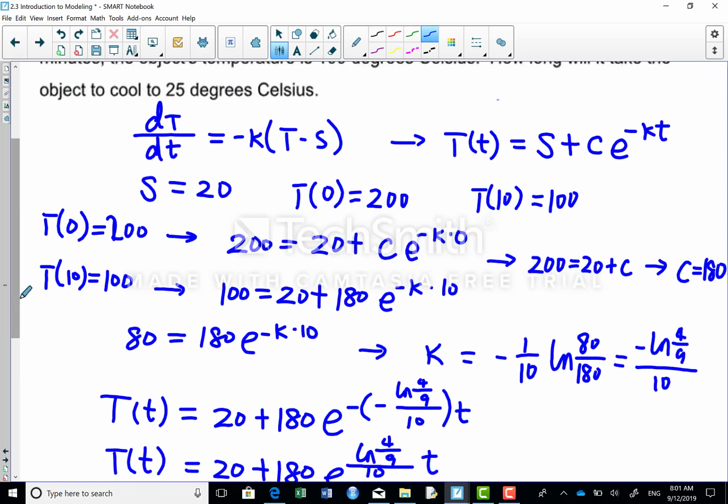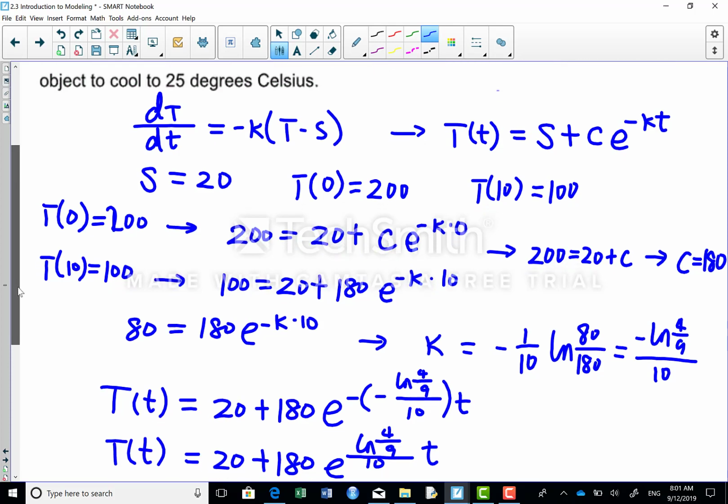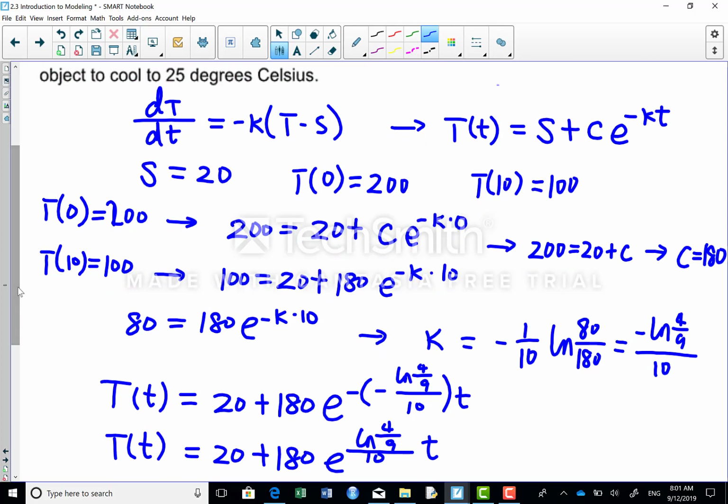So C is, in this case, the difference of temperature of the object and the room. And the second condition, T of 10 equals 100, implies 100 equals 20 plus 180 times e to the power negative k times 10. So 80 is equal to 180 times e to the power negative 10k.